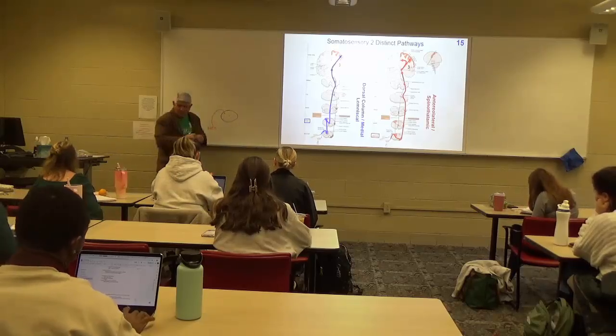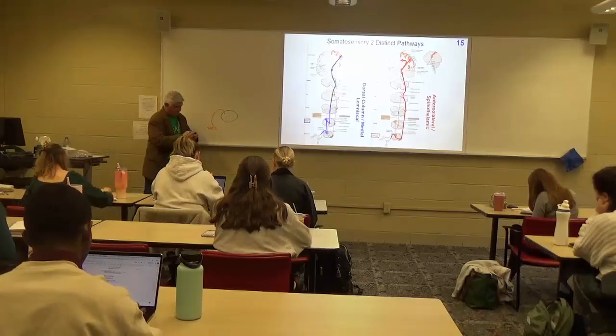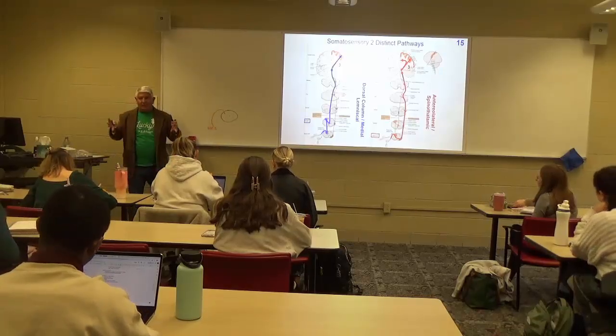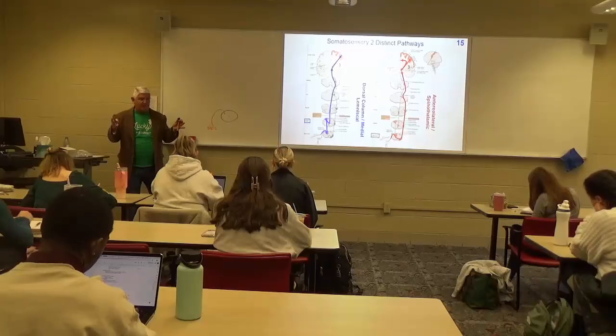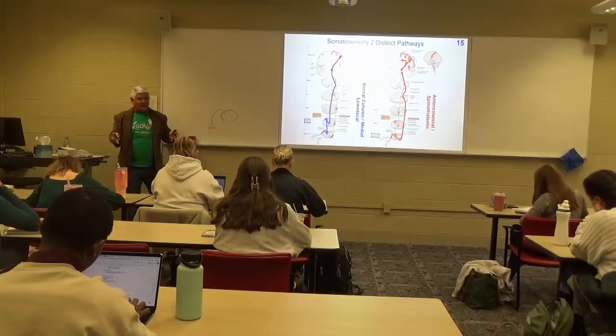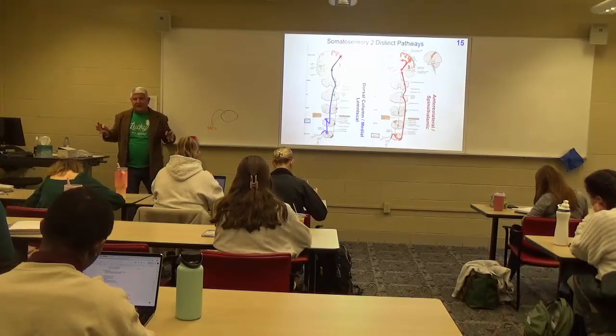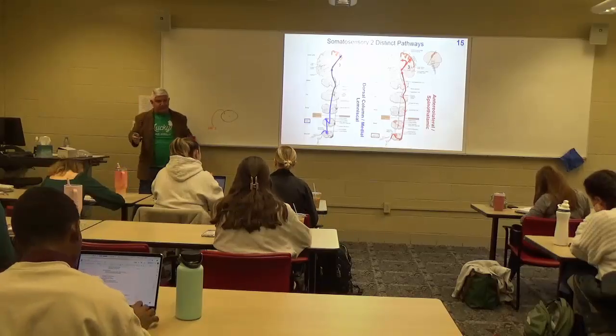So, in general, the spinal cord is all axons, all myelinated axons. It's like a big wire connecting signals into our brain, motor signals out of our brain.